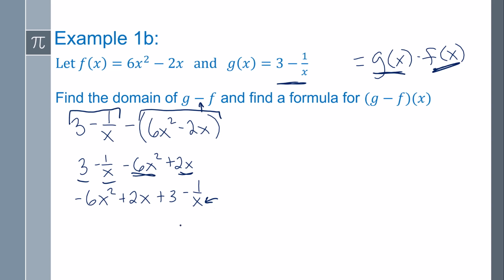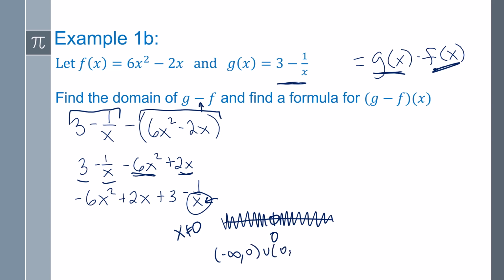So I want to take that and say it can't equal 0. Whatever was in the denominator, in this case just x, you say it can't equal 0. Now I can put it on a number line. It can't equal 0, so open circle, but it can be everything else. And so my answer is going to be -infinity to 0, union from 0 to infinity.